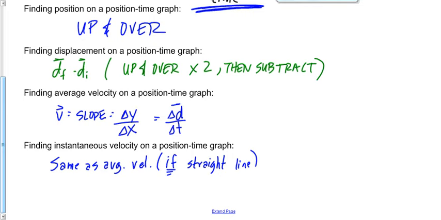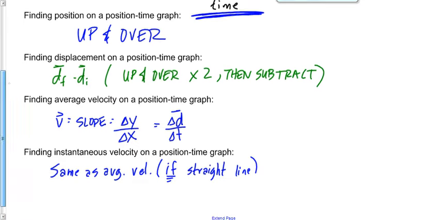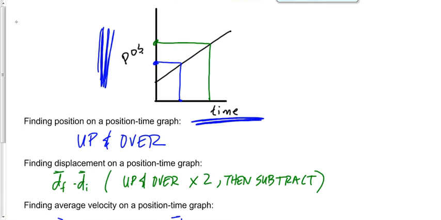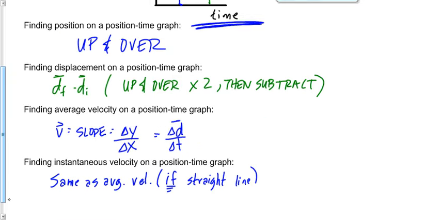If it's a straight line, and it will be for you for now, then it's the same as the average velocity. Think about that. If the average velocity was 5 meters per second over this interval here, and it's a constant velocity, then it's got to be 5 everywhere along that line, right? You can't have a constant velocity of 5, but yet have the velocity be 7 somewhere along the line. Can't happen. So all you got to do is find the average using the slope or delta d over delta t, and then say instantaneous is the same thing.